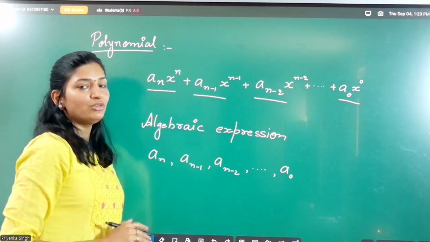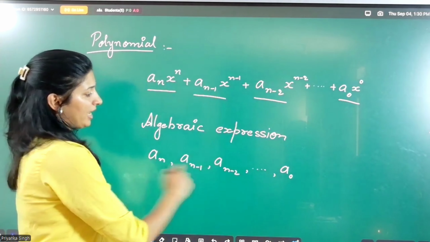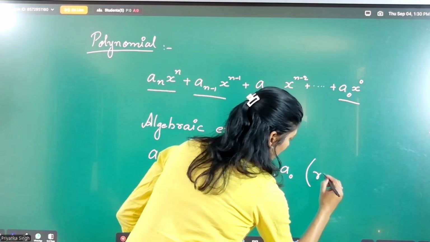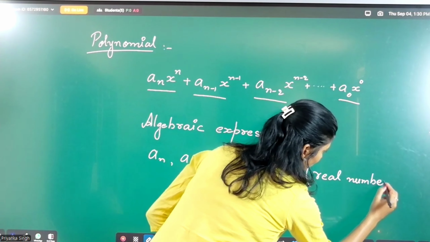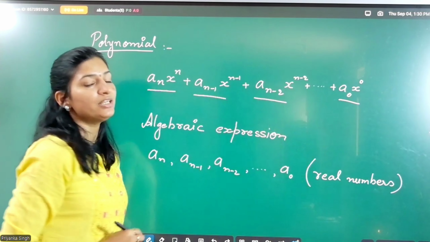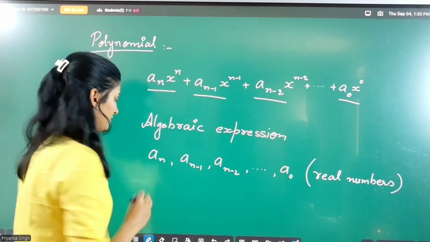All these are different coefficients that we have, and these coefficients are real numbers. So they have to be the real numbers. This is one of the conditions.